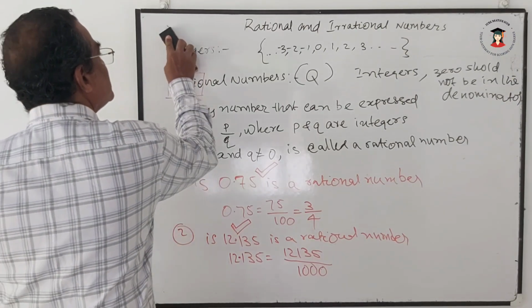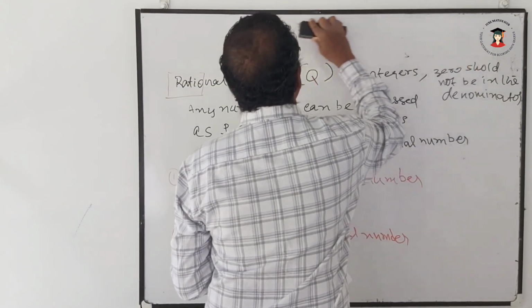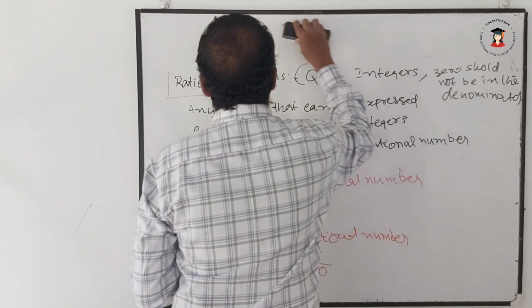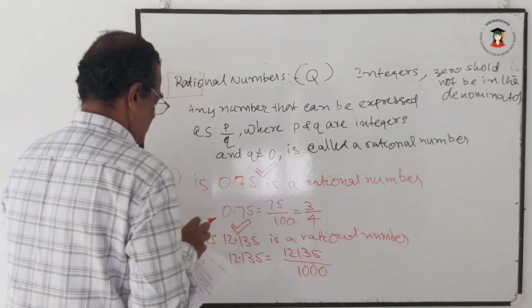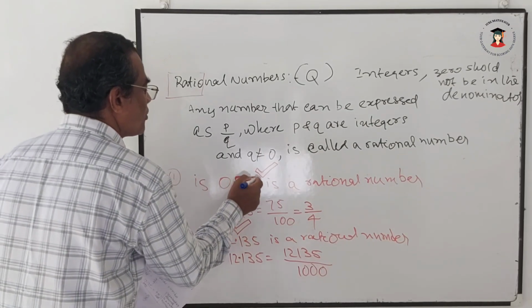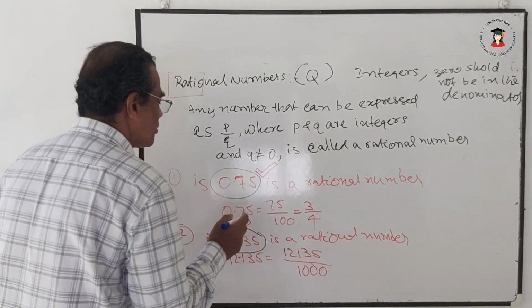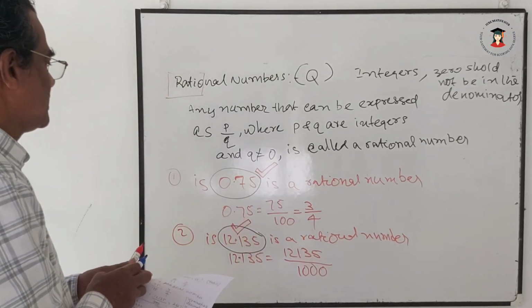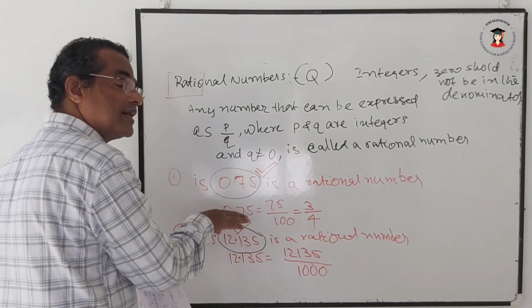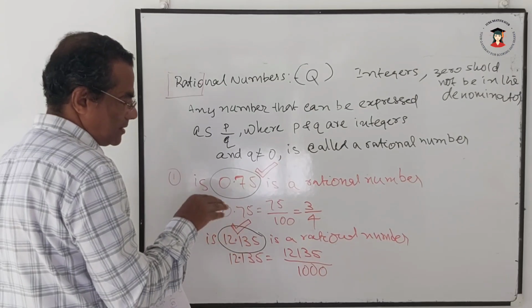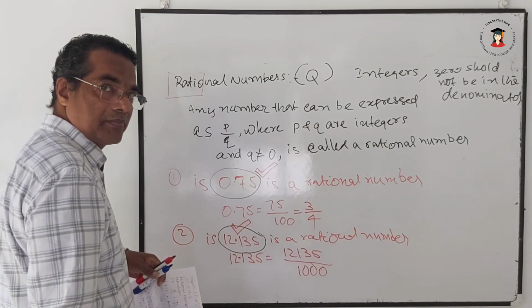Have you noticed these examples? Any similarity? This 0.75 and 12.135, these numbers are decimals, but there is a property in these two numbers.